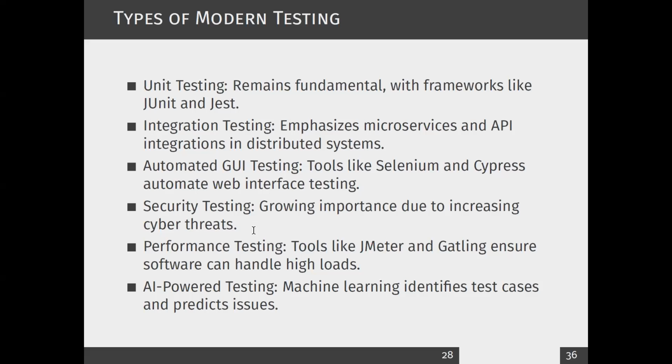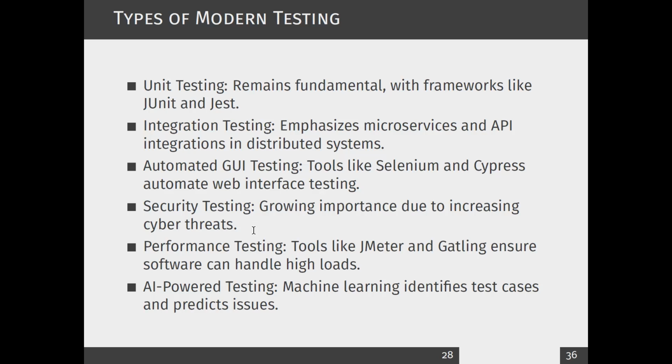If you look at some types of testing, the traditional testing types, we know unit testing, integration testing, system testing, adaptive testing, and so on. So these are very traditionally what the testing types are.